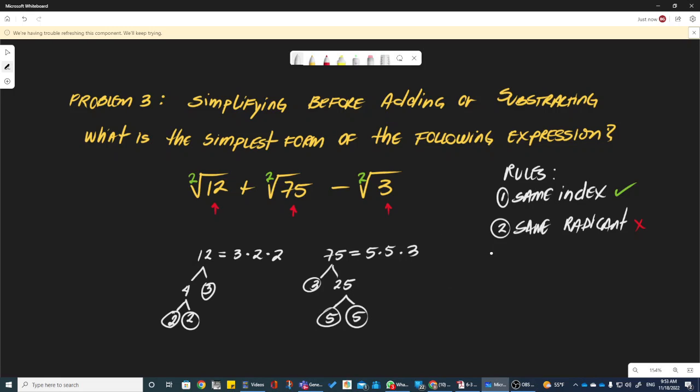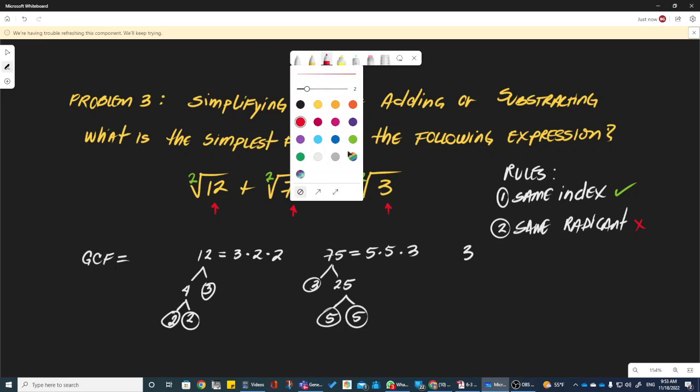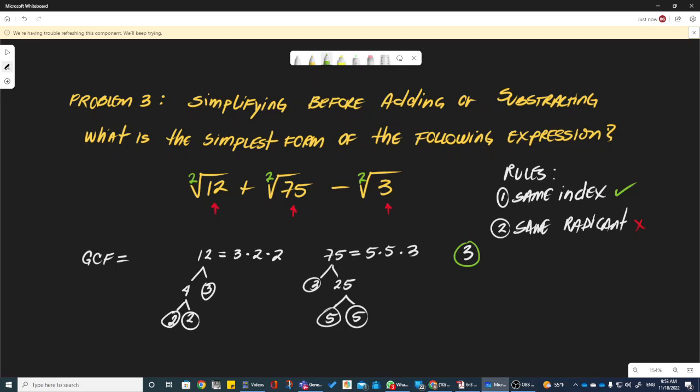So we're not going to factor 3. Now we got to see what's the greatest common factor in between these three. Okay, what's the number that repeats every time? The number that repeats every time, it's the number 3. Therefore, the greatest common factor is the number 3.